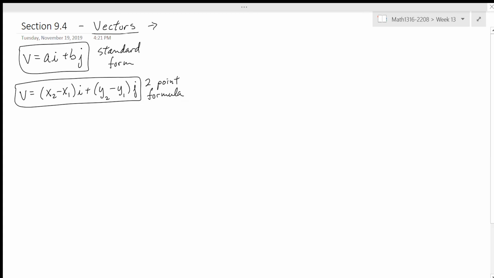Do y'all know really what a vector is? Okay, so a vector is something that has both magnitude and direction. Every vector has a magnitude and a direction. And this is most commonly used.